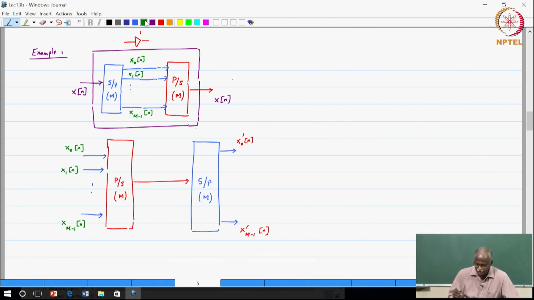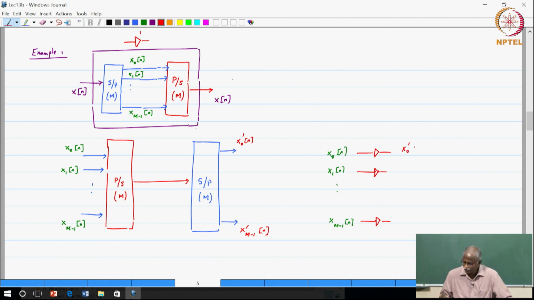Interesting task. You can verify that x0 of n, x1 of n, up to x m minus 1 of n, all of them have got unity gain and show up as x0 prime of n, which is equal to x0 of n, x1 prime of n, which is equal to x1 of n, and x m minus 1 prime of n is equal to x m minus 1 of n.